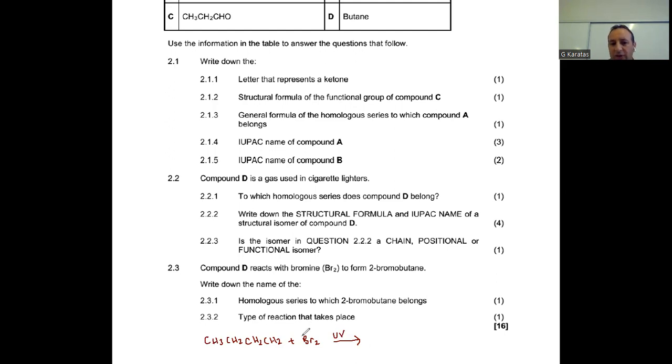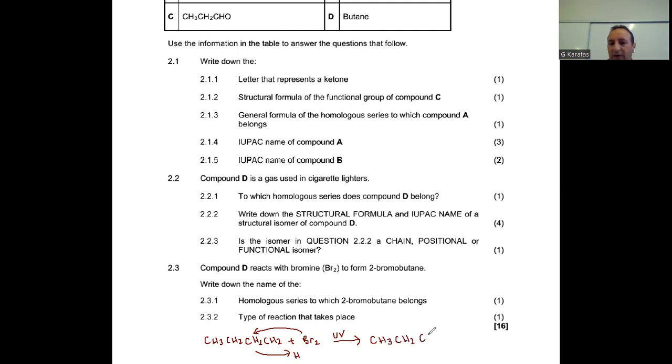When this reaction starts, the halogen atom replaces one of the hydrogen atoms. So the halogen atom goes to this carbon and a hydrogen atom is removed. So basically, the halogen comes in and kicks the hydrogen out so that we obtain a molecule CH3, CH2.